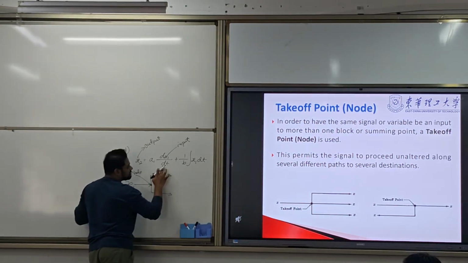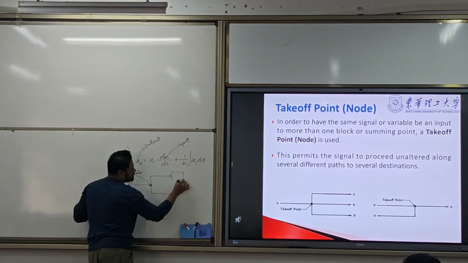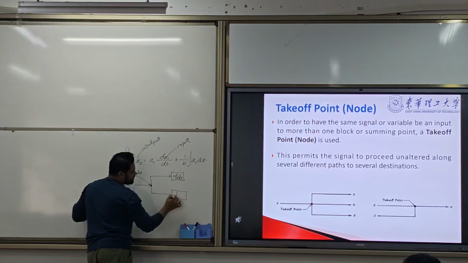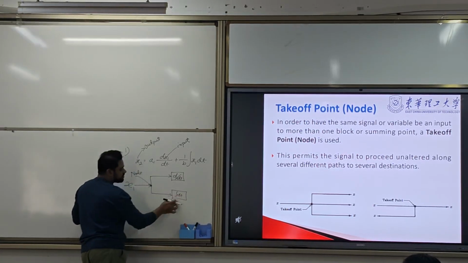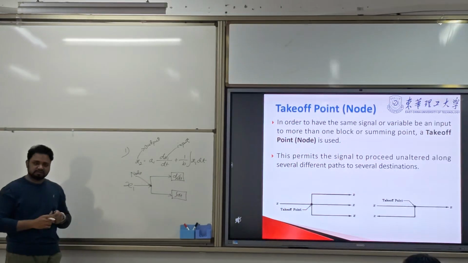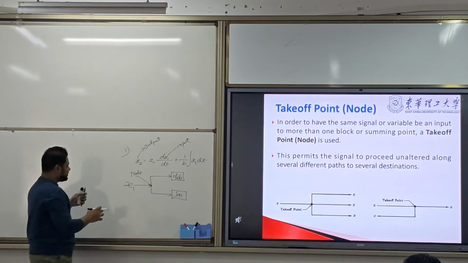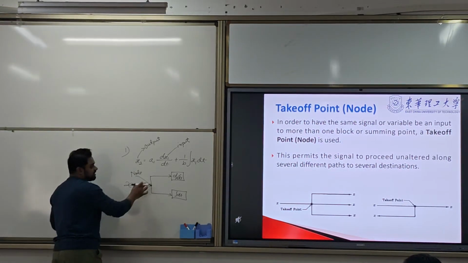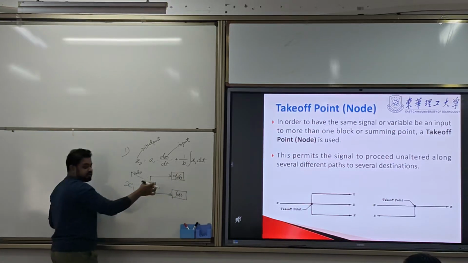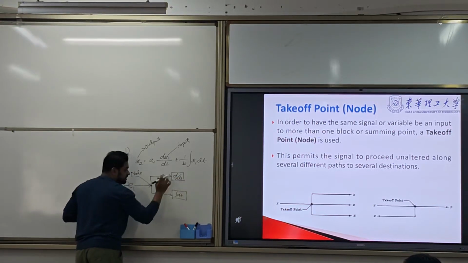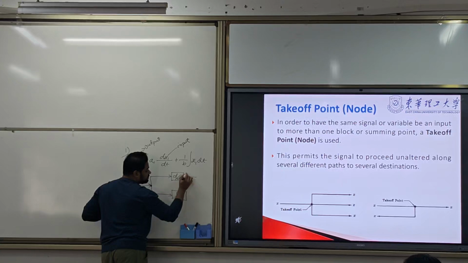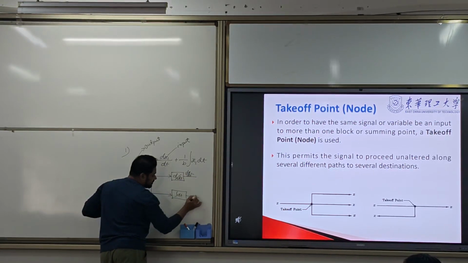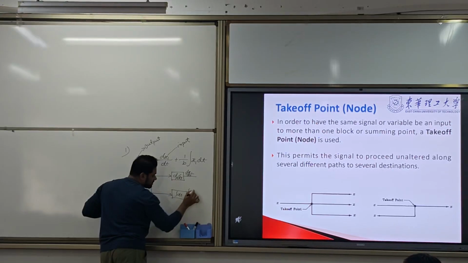One is differentiation, d/dt, and another one is integration, dt. Differentiation and integration are different, but it is the same signal; I am differentiating and integrating. So x1 goes to this and gives you a value of dx1/dt, and here it gives you the integral of x1 dt.